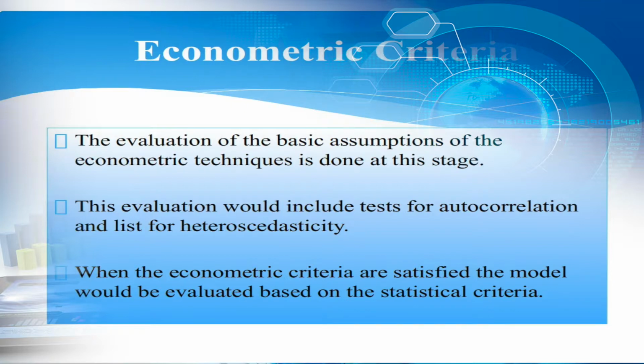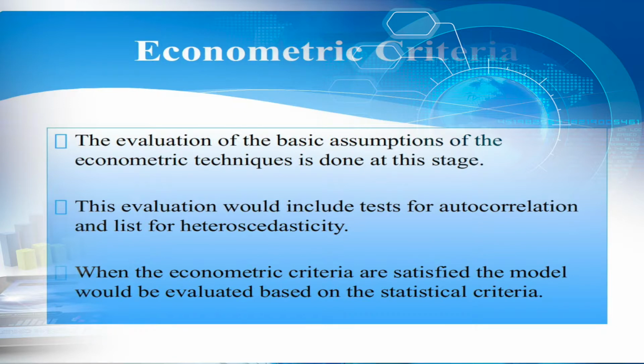Lastly, the econometric criteria. The evaluation of the basic assumptions of the econometric techniques is done at this stage. This evaluation would include tests for autocorrelation and tests for heteroscedasticity.